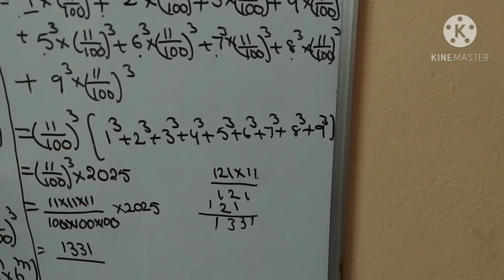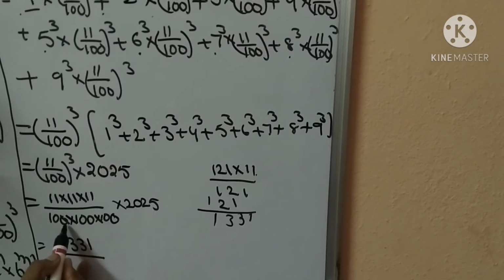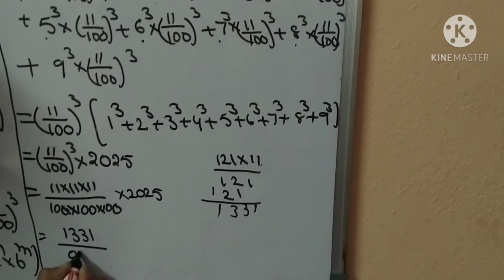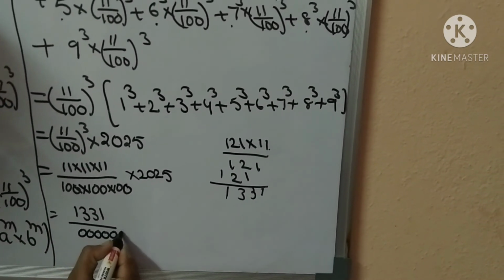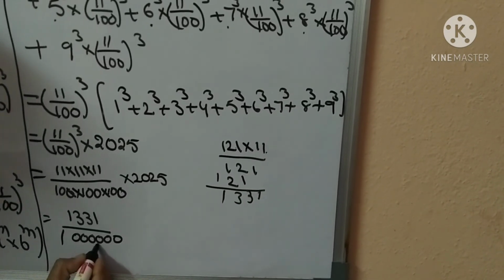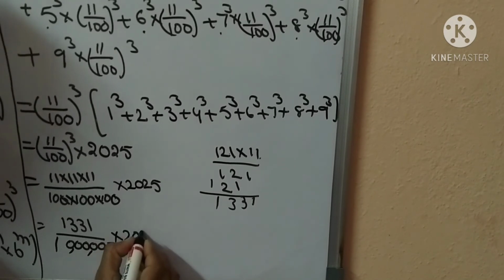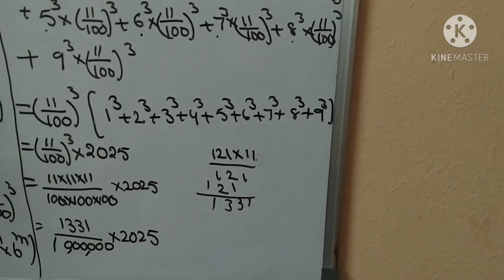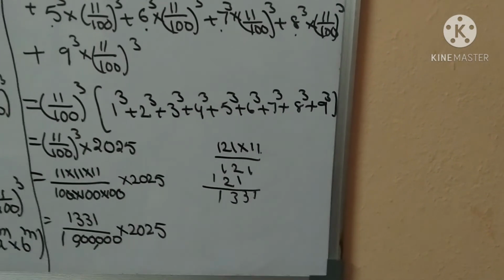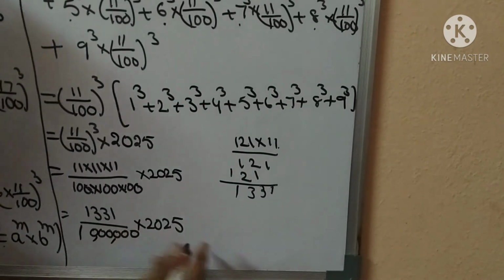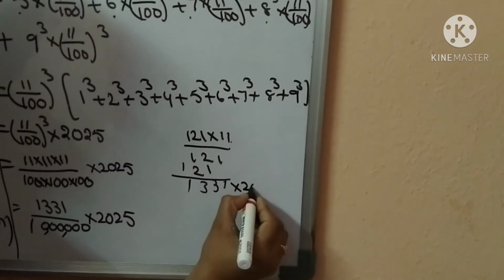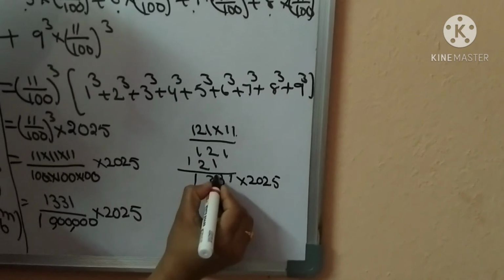How many zeros are there? 1, 2, 3, 4, 5, 6. Write the 6 zeros. Into 2025. So here multiply that into 2025.